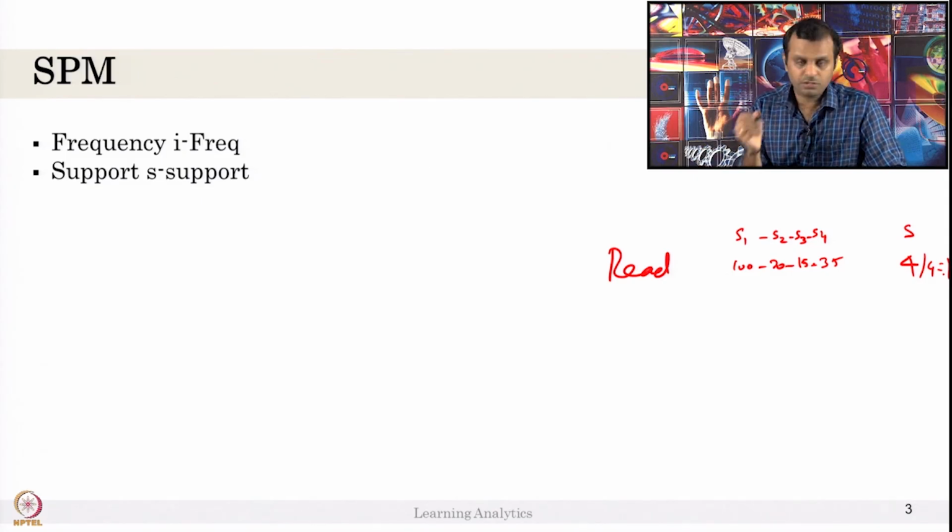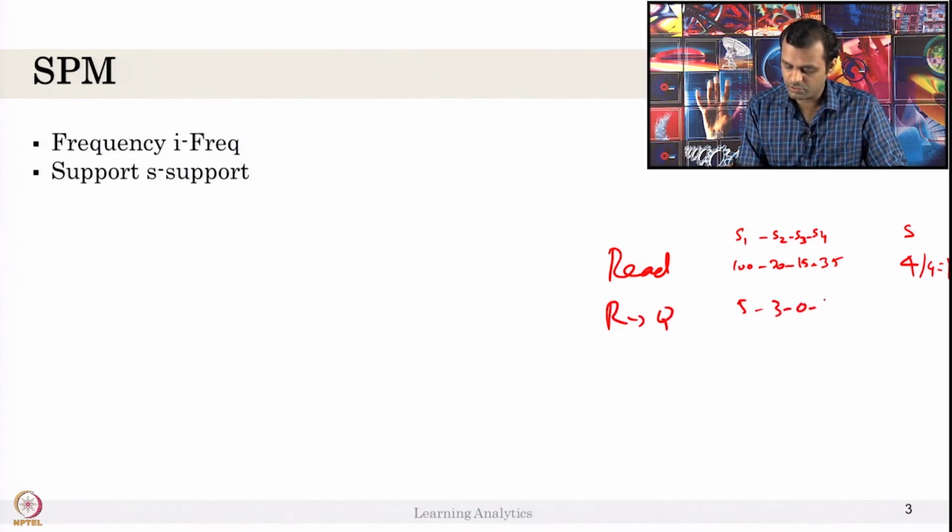Let us say the second action, say read to quiz, occurred 5, 3, 0, 7 times.